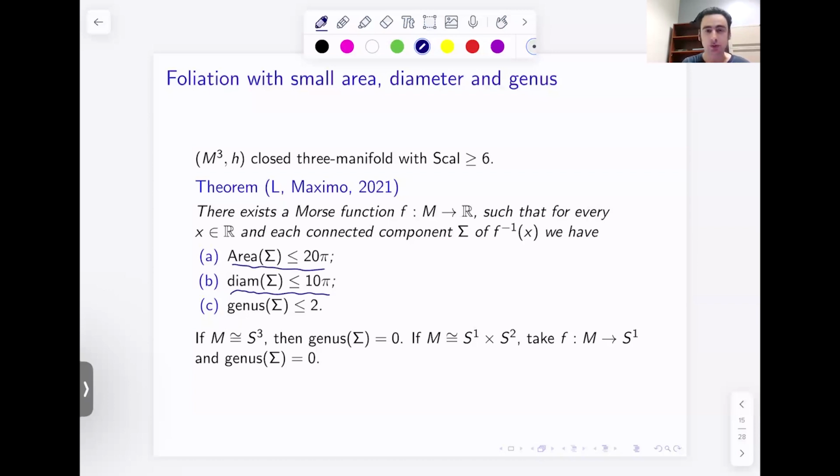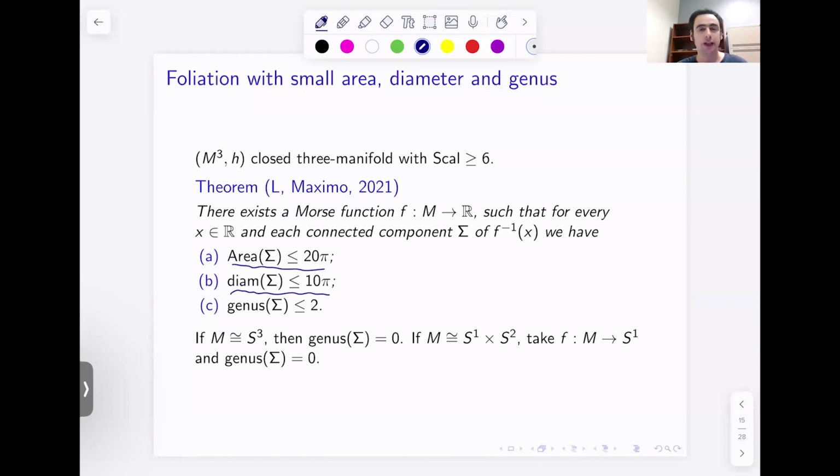To produce these area bounds, we use mean curvature flow to foliate everything nicely by surfaces of controlled area. And the intrinsic diameter doesn't behave as well as we'd like with respect to mean curvature flow.